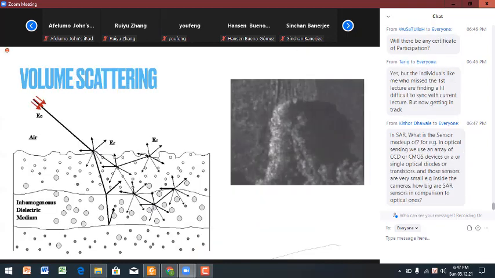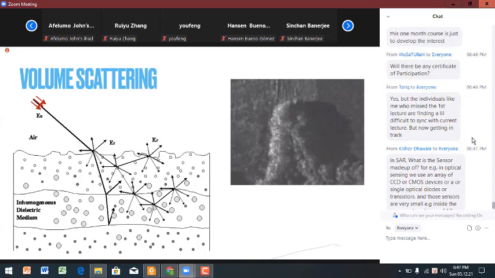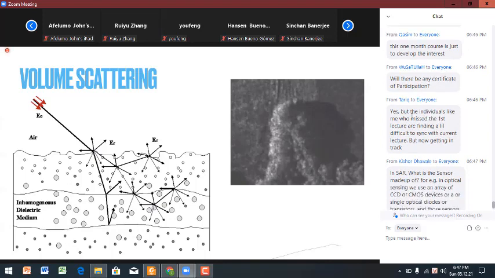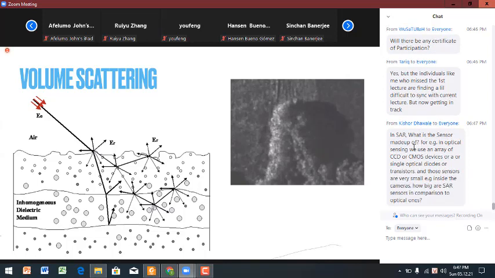Then we have volume scattering. Volume scattering is when your signal is penetrating the material. For example, if you have a forest canopy, the signal goes inside that canopy.